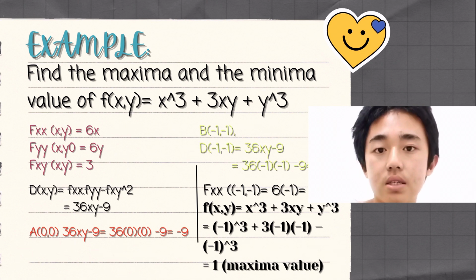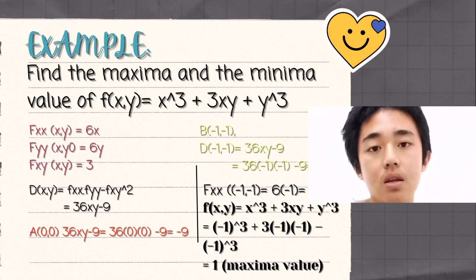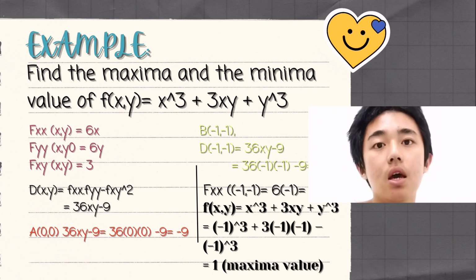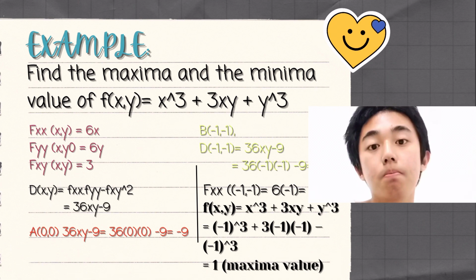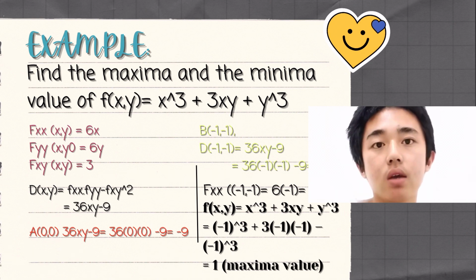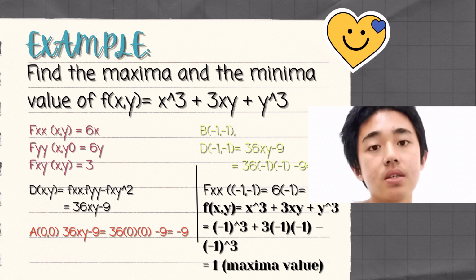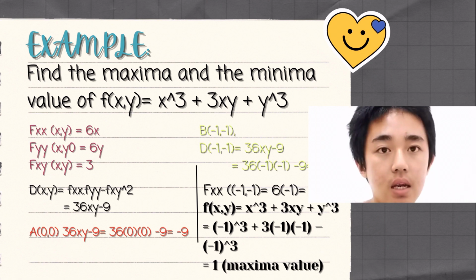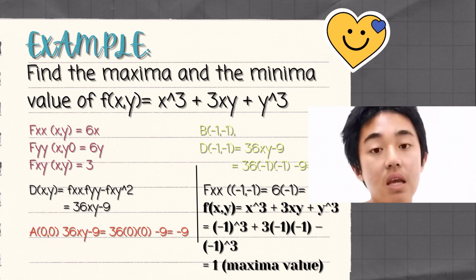Because it is smaller than 0, it is not an extreme, because to be an extreme, the D at that point must be bigger than 0. And let's check the b coordinate, that is negative 1 for x and negative 1 for y. So 36 times negative 1 times negative 1 minus 9 equals 27.